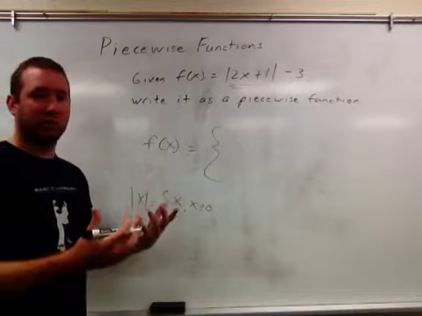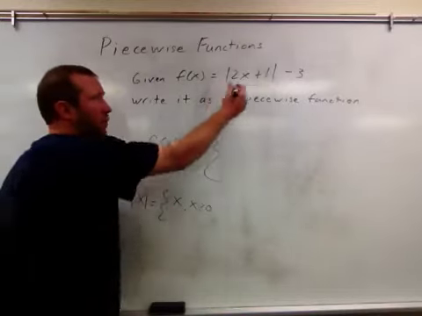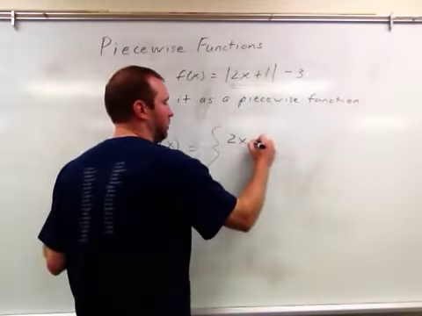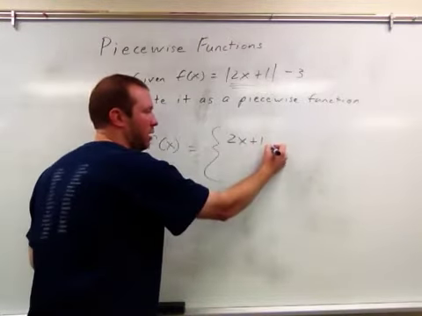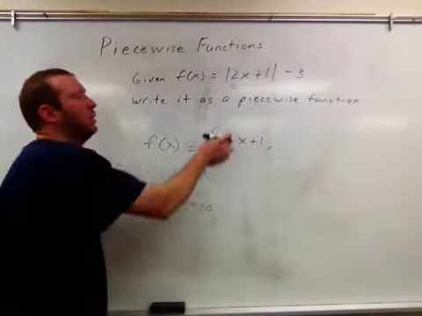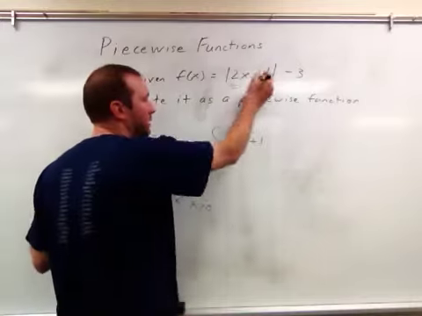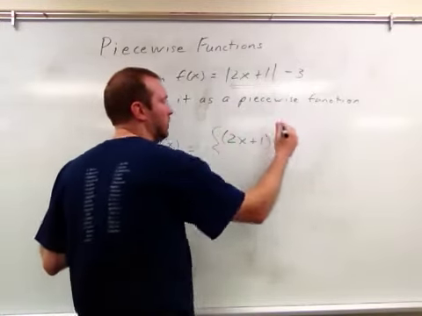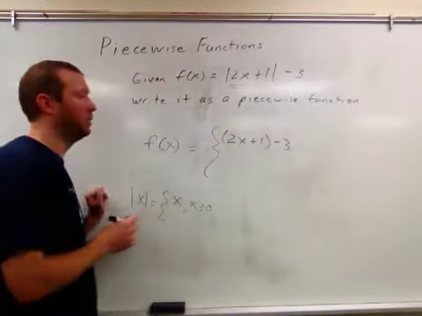Then the function just graphs itself. So we're going to get 2x plus 1, and don't forget the minus 3 on the end, as I almost did.